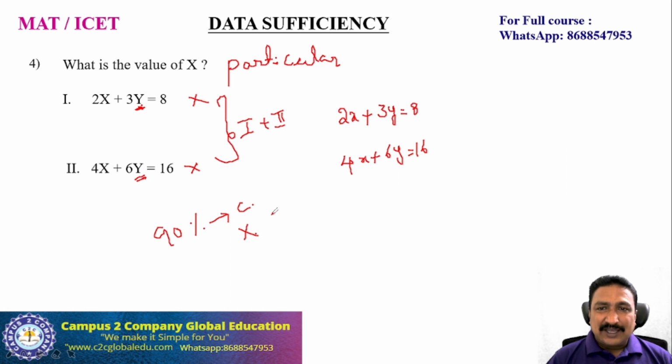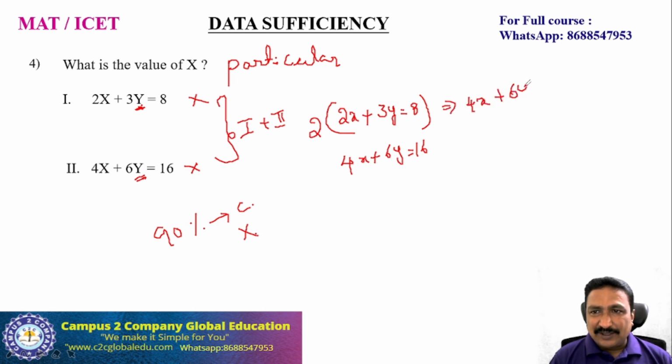Why? Because if you multiply the first equation by 2, you will get the second equation. 2 twos are 4x plus 2 threes are 6y is equal to 2 eights are 16. While multiplying the first equation by 2, you get the second equation.